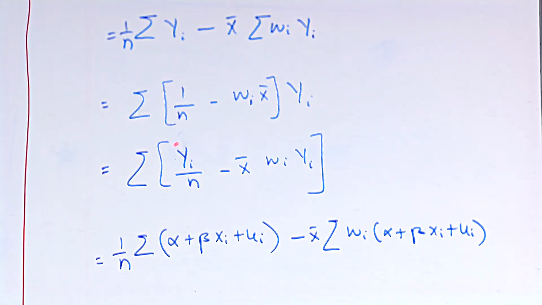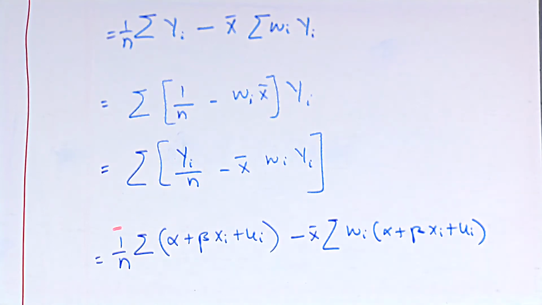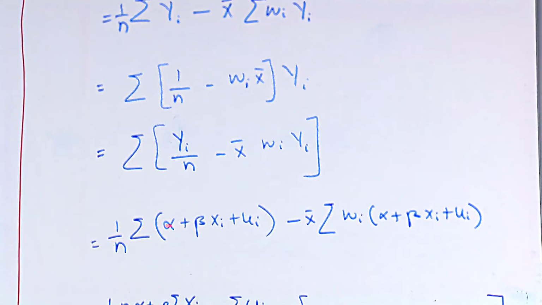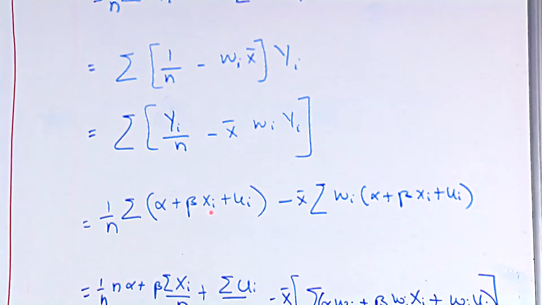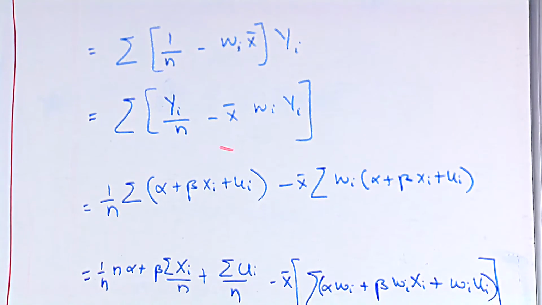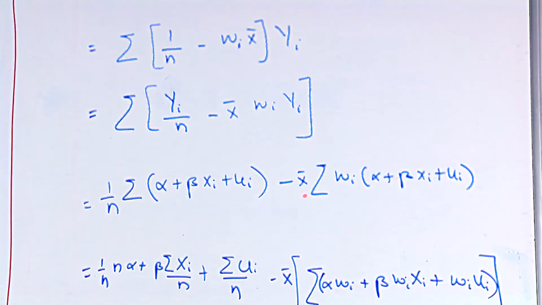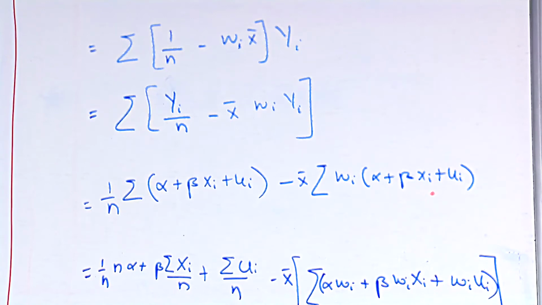If you substitute the value for Yi, we get 1 by n sigma alpha plus beta xi plus ui, minus x bar outside, sigma Wi into Yi inside, that is alpha plus beta xi plus ui.